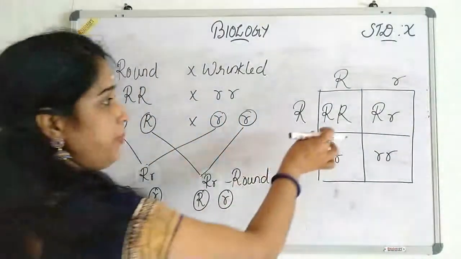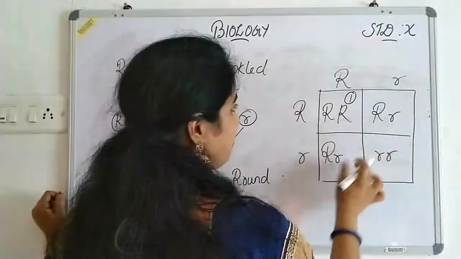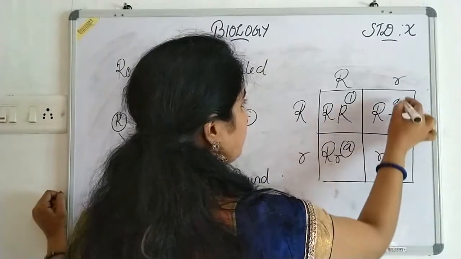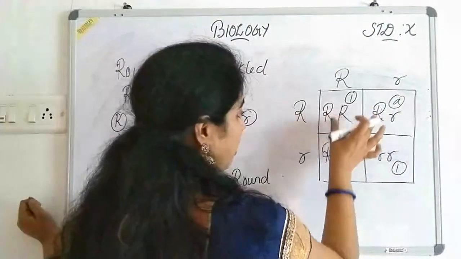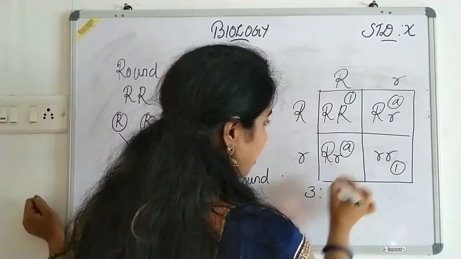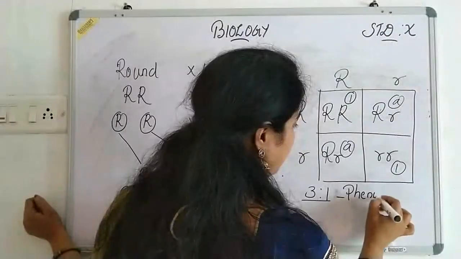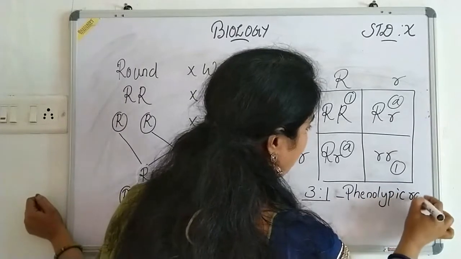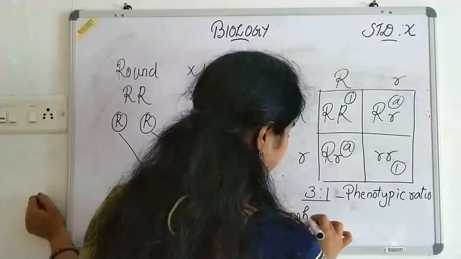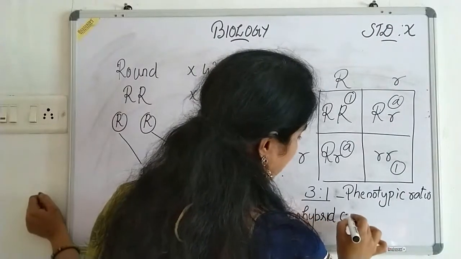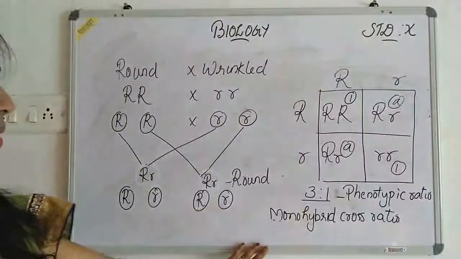Hope it is clear. So how many pure round seeds are there? Only one. Then what about the intermediate? 2. Then what about this? 1. So how many round seed plants are there? 3. And what about wrinkled? Only 1. That is the phenotypic ratio, or otherwise we can call it the monohybrid cross ratio.